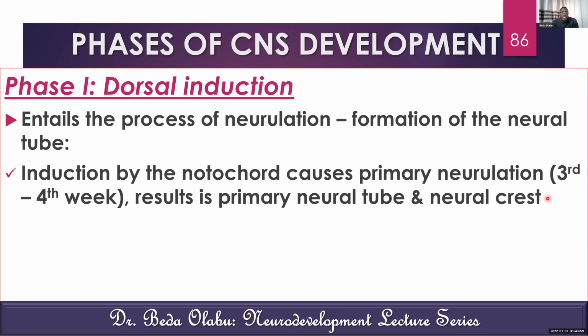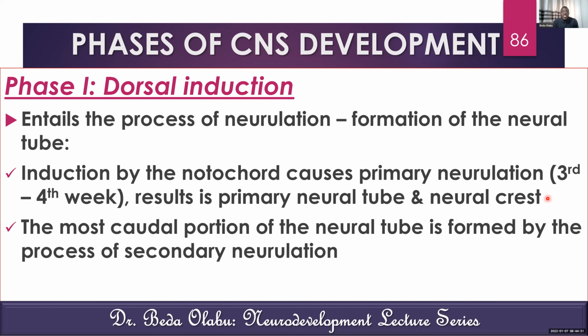And we saw that the notochord induces the overlying ectoderm to thicken, then the ectoderm undergoes folding in the process that we call primary neurulation. So notochordal induction causes primary neurulation. Primary neurulation occurs between the 3rd to the 4th week of development, and it leads to the formation of the primary neural tube as well as neural crest.